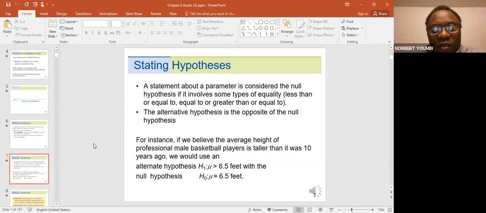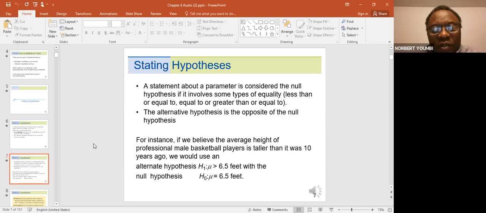The alternative hypothesis is the opposite of the null hypothesis. For instance, if we believe that the average height of professional male basketball players is taller than it was 10 years ago, we will use it as an alternate hypothesis, denoted by H1, and we write mu is greater than 6.5.